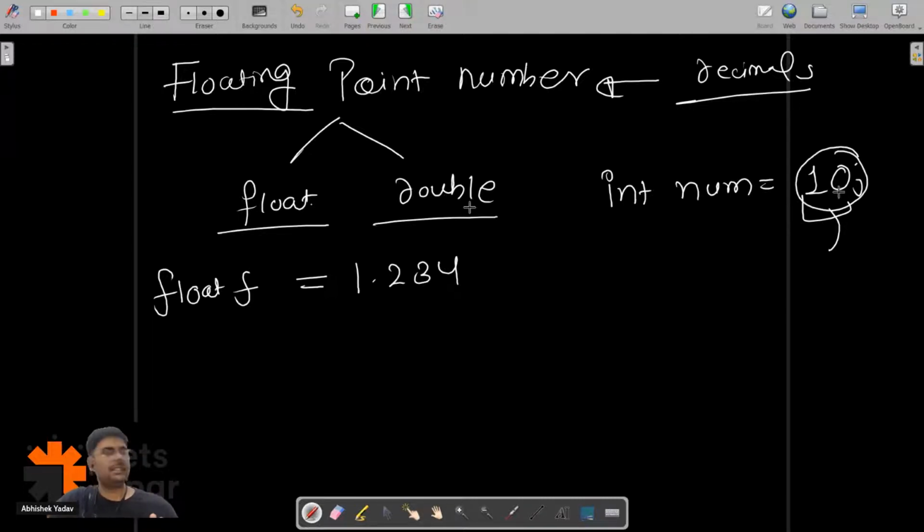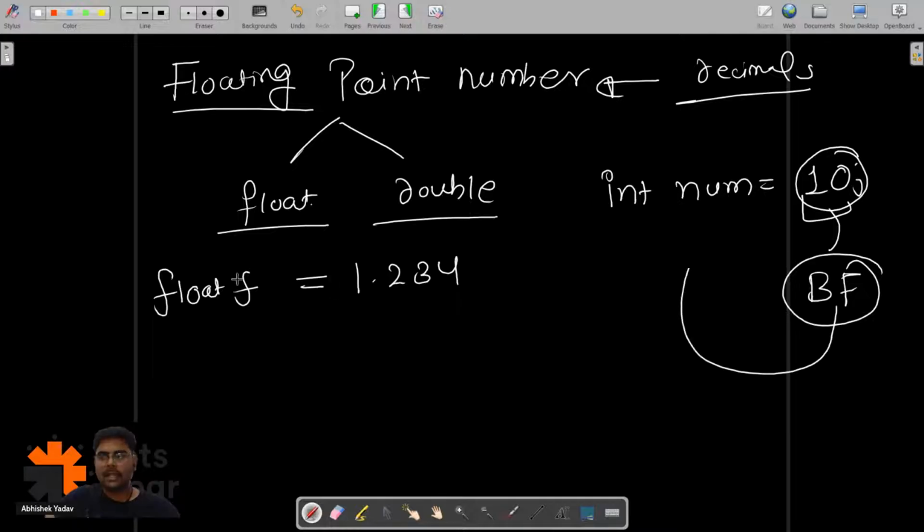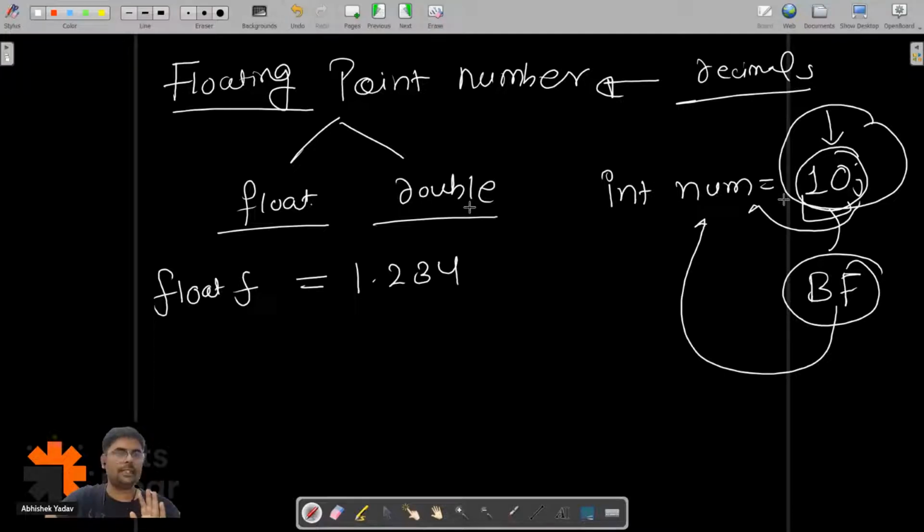We are taking the 10, converting it into the binary format, and after that we are storing the data. Simple? Yes or no? Simple, right? So it is happening from the right hand side part. Whatever data I'm getting from the right hand side part, after that we are storing into the left hand side part. And a lot of things happen behind the scenes. I'm giving you the high level picture of this part.